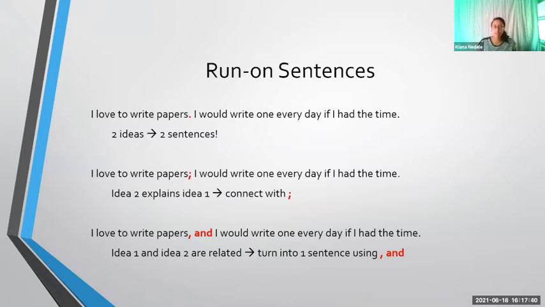So these, again, two separate ideas, and since they're related, you can use the semicolon to connect them. That was a great question. Thank you so much for asking it. If anyone else has questions, again, feel free to do what they did and write it in the chat.